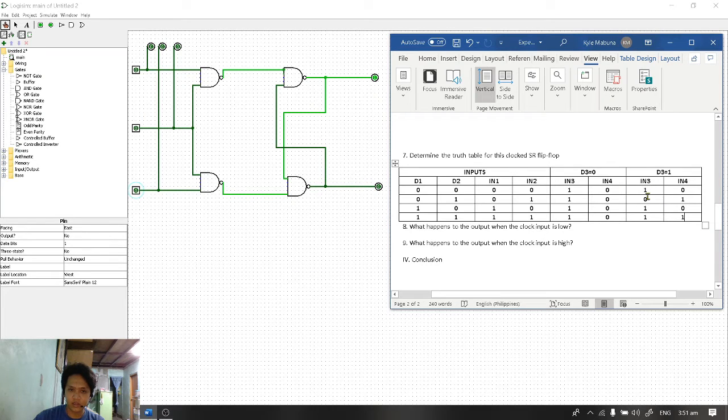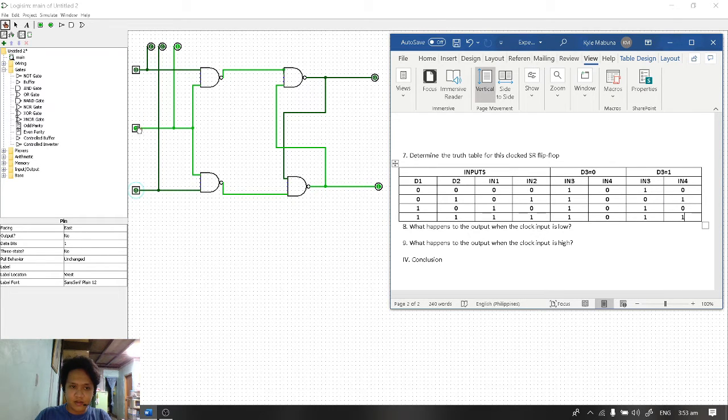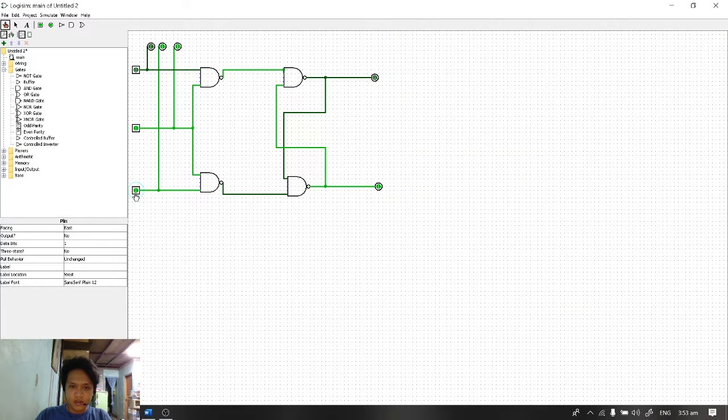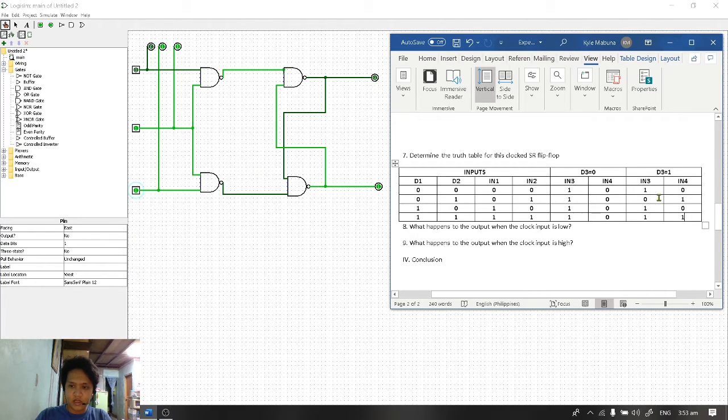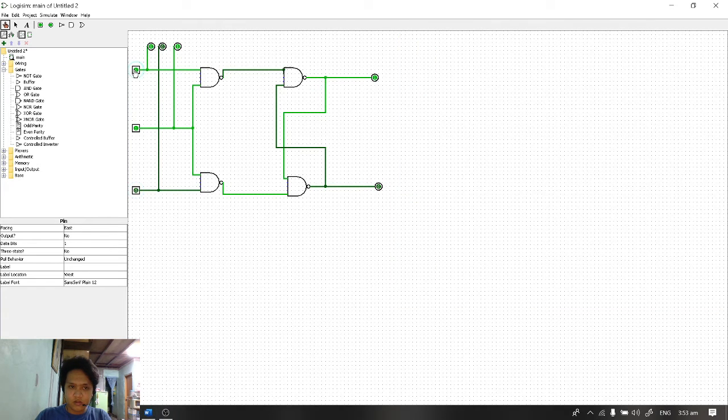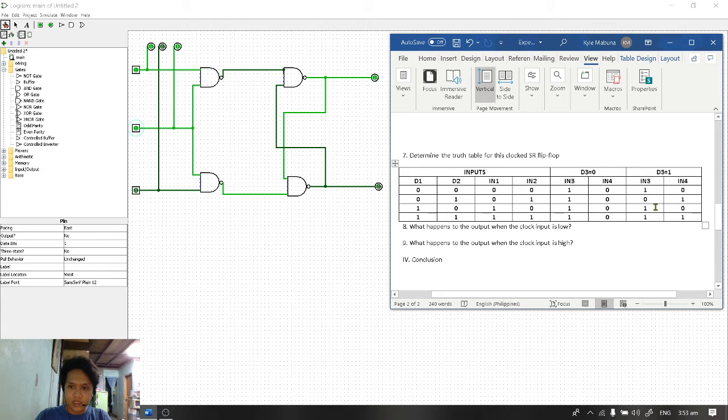So for the next one, 0 0 1, then the in 3 will be 0, the output will be 0, then the in 4 will be 1. Next one, if 1 0, then the in 3 will be 1, then the in 4 will be 0.